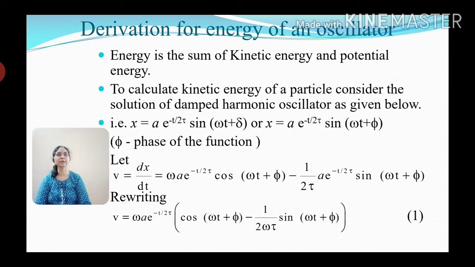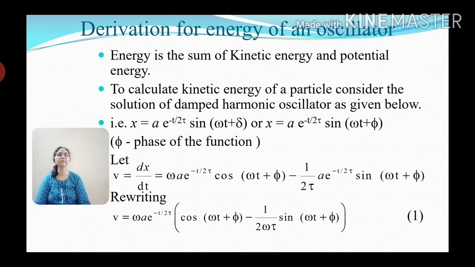Now, we differentiate this equation with respect to time, that is v is equal to dx by dt. When we differentiate it, we see that in the solution we have two components which vary with time, the exponential function and the sine function. So, it is like a product of u and v functions, correct. So, e raised to minus t upon twice tau we take as u, and sin(omega t plus phi) we take as v.